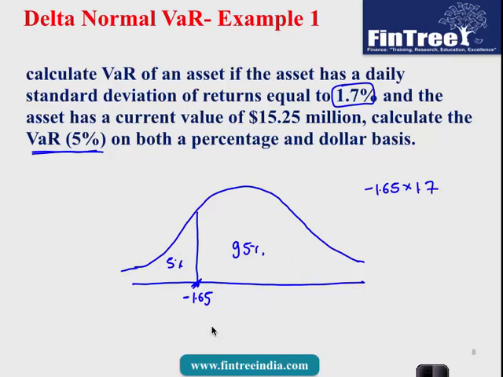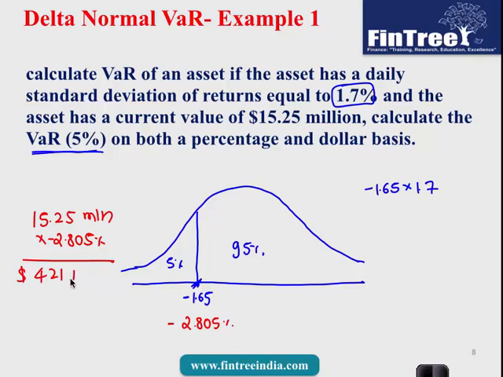And how much is that? 2.805% negative. So this is the VaR in percentage term. If you want to convert that to amount, 15.25 million multiplied with 2.805% negative, that would give us an amount of 421,451. So this is your 5% VaR.